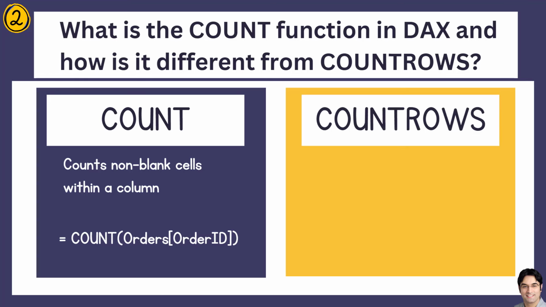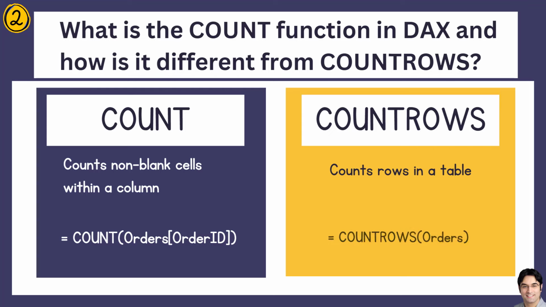COUNTROWS, on the other hand, counts the total number of rows in a table, even if some data is missing. For example, COUNTROWS(Orders) gives you the total number of orders regardless of blank entries. In short, use COUNT for non-blank values in a column and COUNTROWS for the total number of rows in a table.